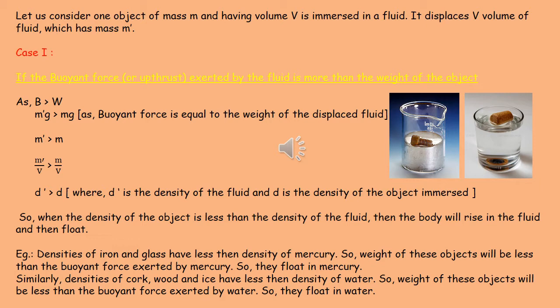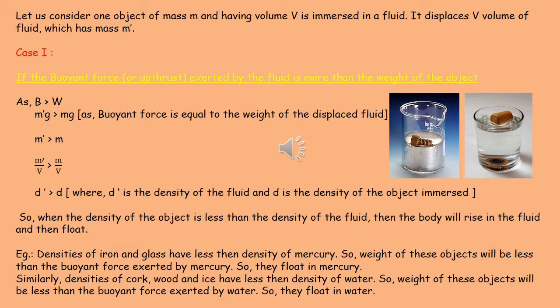We have assumed that the mass of the displaced fluid is m dashed, so the buoyancy will be equal to m dashed g. And the weight of the immersed body is mg because m is the mass of the immersed object. Now we are cancelling small g from both sides. We get m dashed is equal to m.